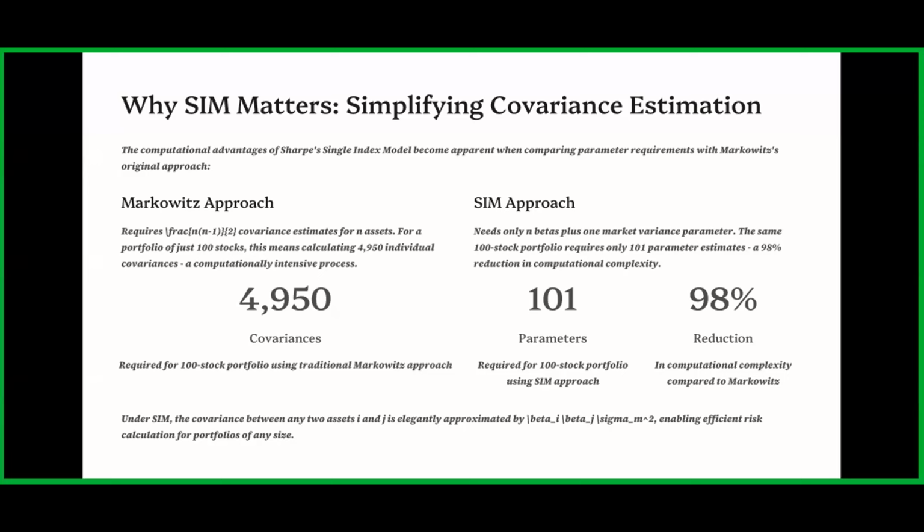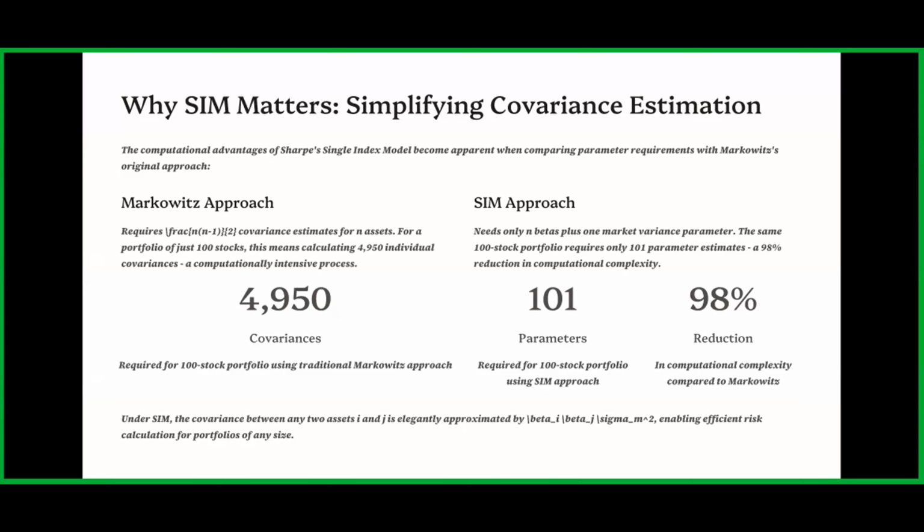In the single index model, if we consider the 100 companies, then we need only n betas, that is 100 betas, plus one market variance parameter. That means we need 100 betas and 100 systematic risks, and this same 100-stock portfolio requires only 101 parameter estimates.